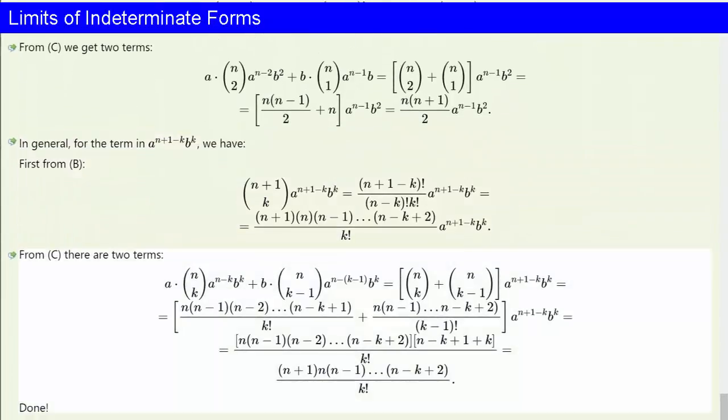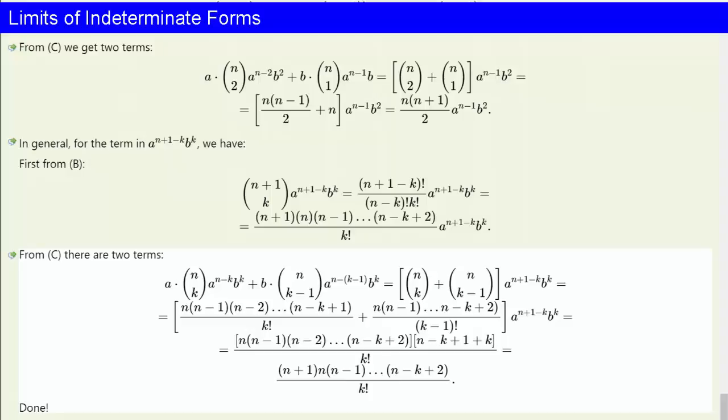From C, there are, as usual, exactly two terms, namely a times the binomial coefficient (n choose k) a^(n-k) b^k, and b times the binomial coefficient (n choose k-1) a^(n-(k-1)) b^(k-1).